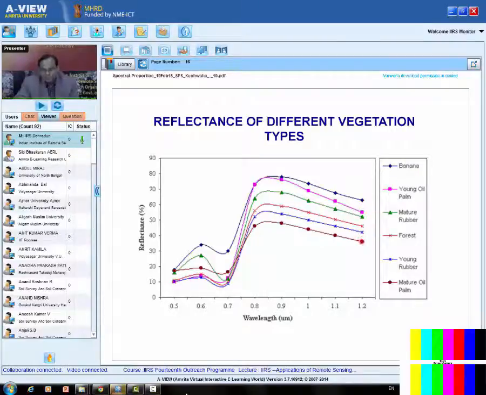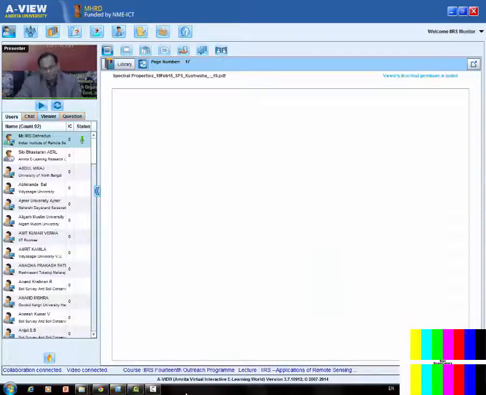But surely you will have some problem between this and this, and more so between this and this, more so between this and this and this. And if they are far apart, maybe this from this, or this from this, or this from this, then you can think of having better contrast in vegetation types, and therefore ease of interpretation, mapping, and monitoring.